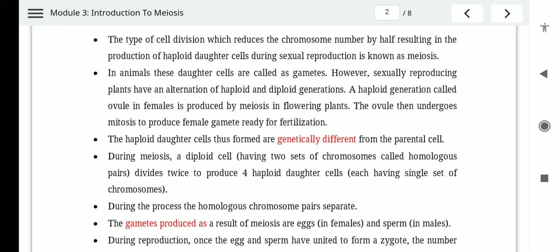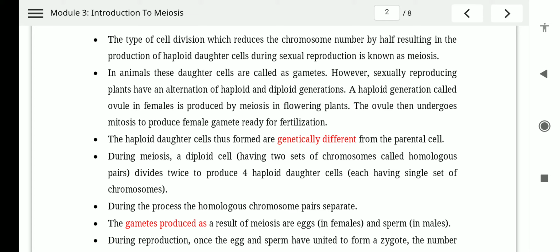So, a diploid cell has two sets of chromosomes called homologous pairs, one paternal and one maternal, and when it divides it produces 4 daughter cells. We must remember that in meiosis a single diploid cell divides and 4 daughter cells are formed, but the daughter cells are haploid. It means the daughter cells have half the number of chromosomes of their parental cell.